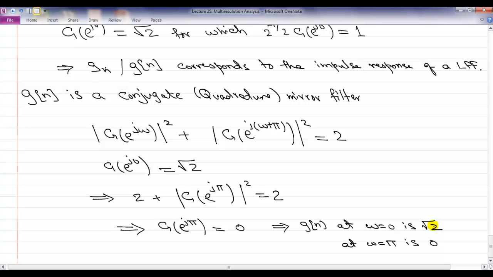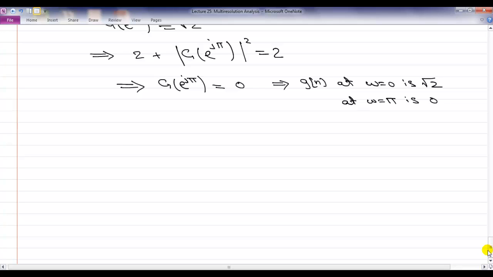So rather than defining the multi-resolution analysis from the perspective of starting with a phi of t, in reality you define multi-resolution analysis from the perspective of a filter. What you do is you start with a filter g of n, and you make sure that it satisfies 3 properties. Okay? We are not formally proving any of these facts.